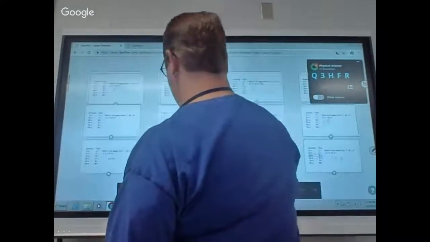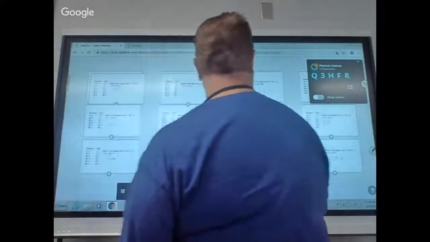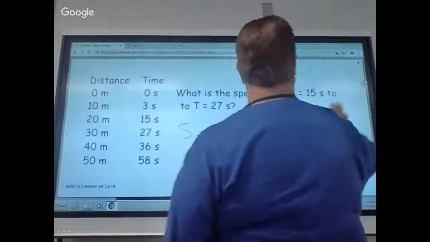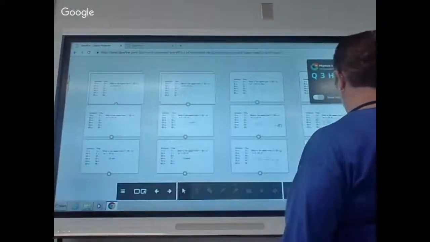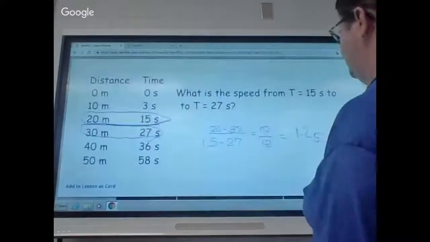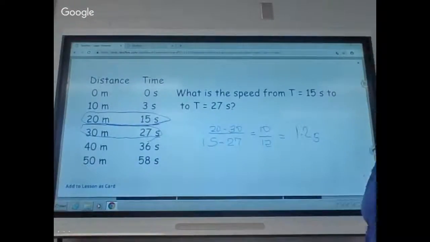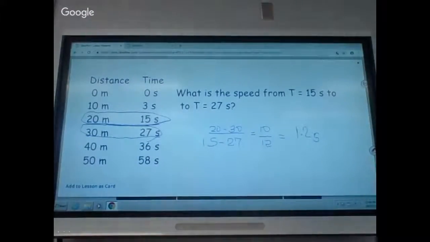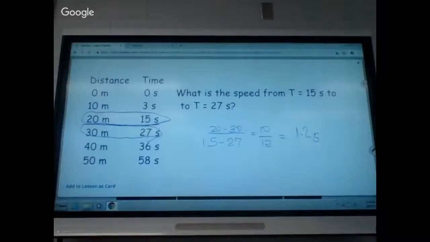Let me just say, this is a mess. 1.2, 1.7, 0.83. All right, let me leave this one up here. It's got work, which I like.